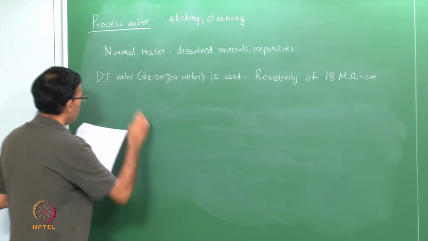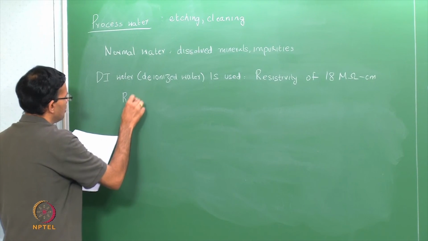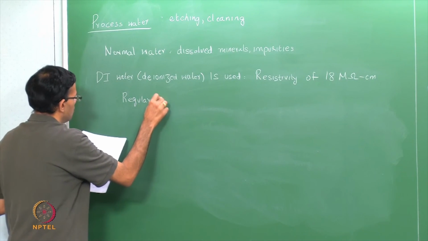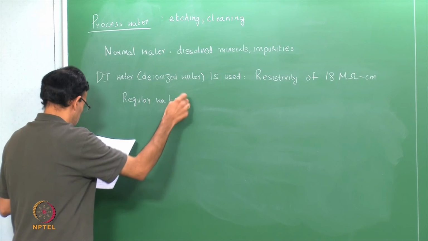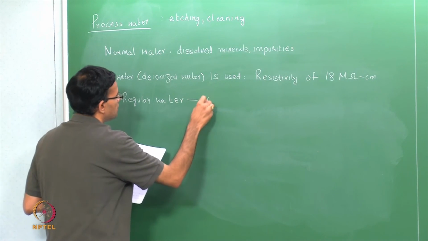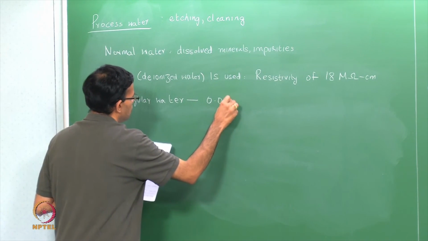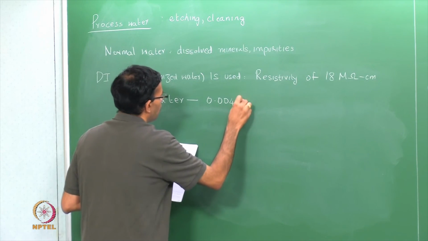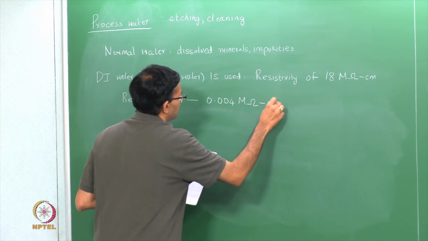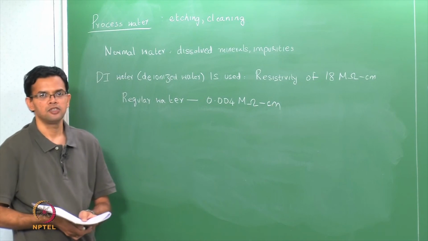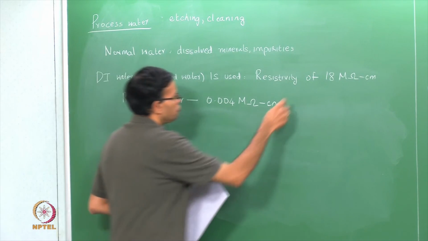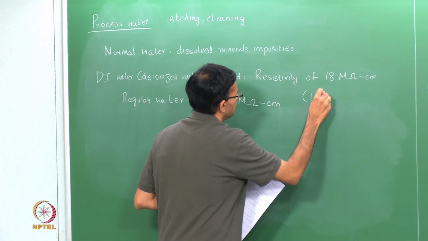If you compare that, regular water has a resistivity of 0.004 mega ohms per centimeter. So, deionized water is typically 10 to the 4 or 10 to the 5 times purer.